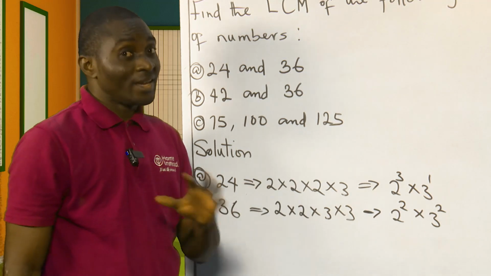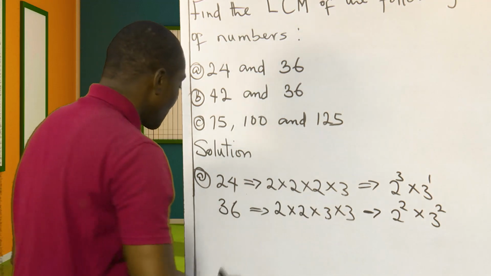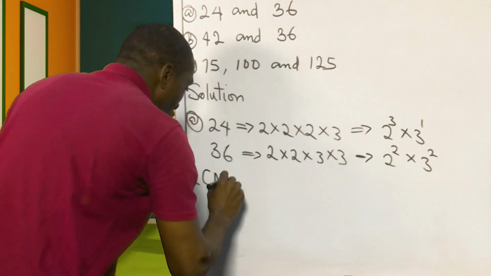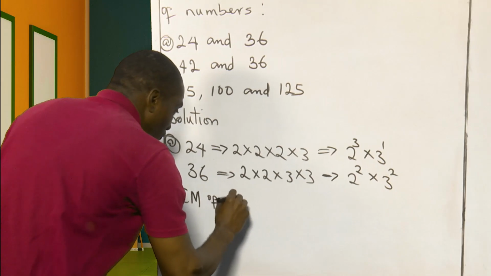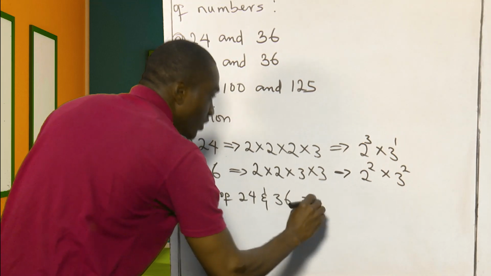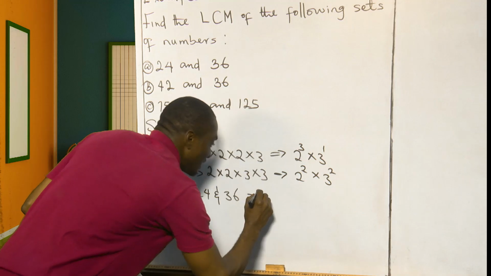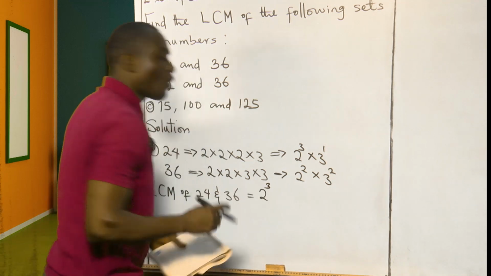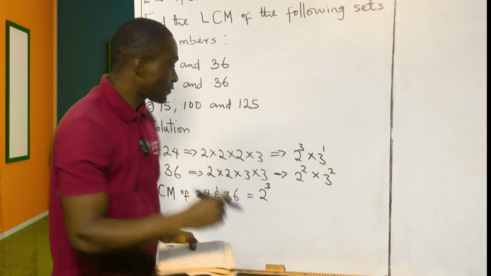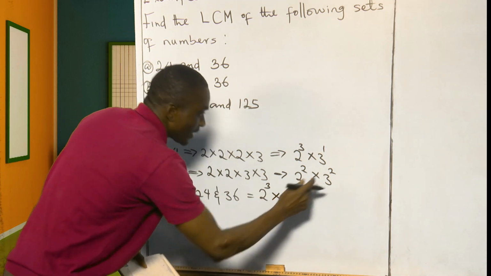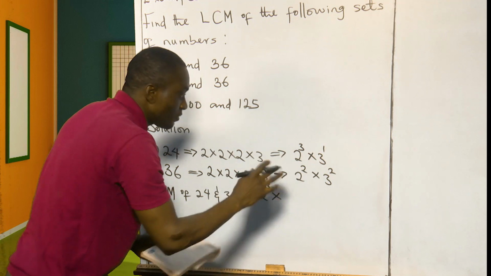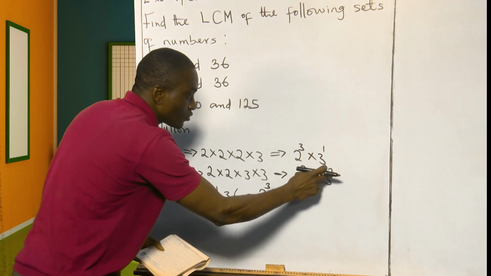Now we want to find the LCM of 24 and 36. It will be equal to writing down 2 raised power 3. We are writing down the base with the highest power. Multiplied by, we move to the base of 3. This is 3 raised power 2, this is 3 raised power 1.